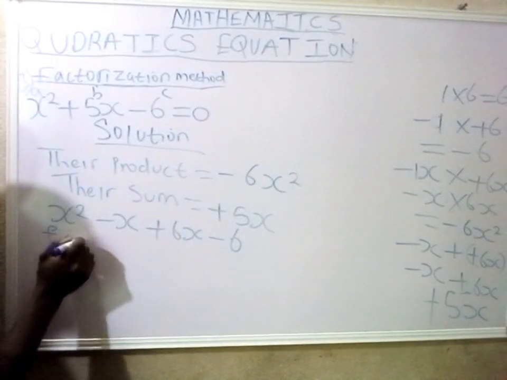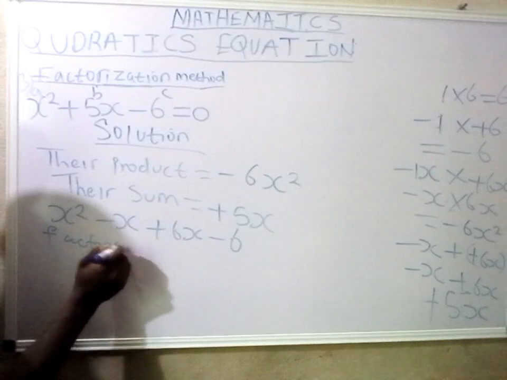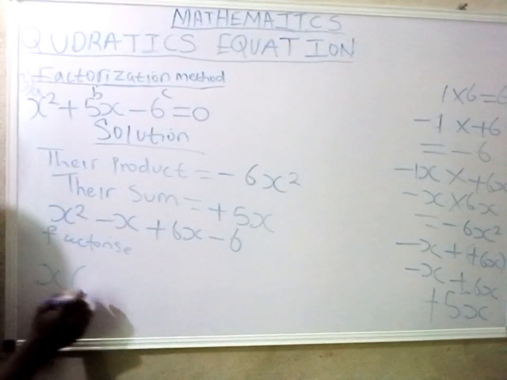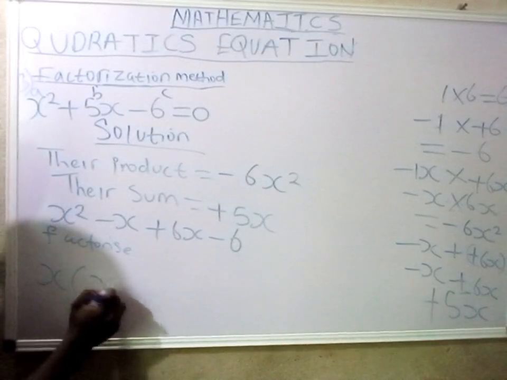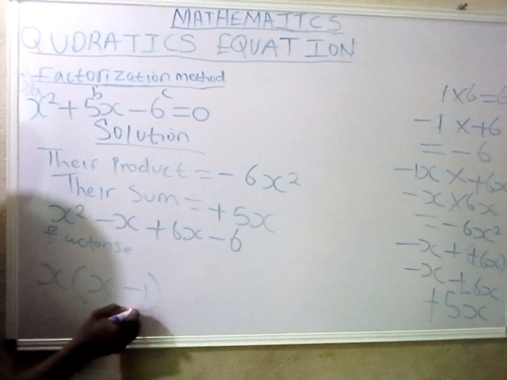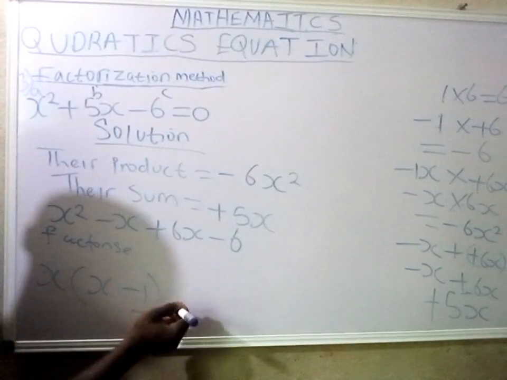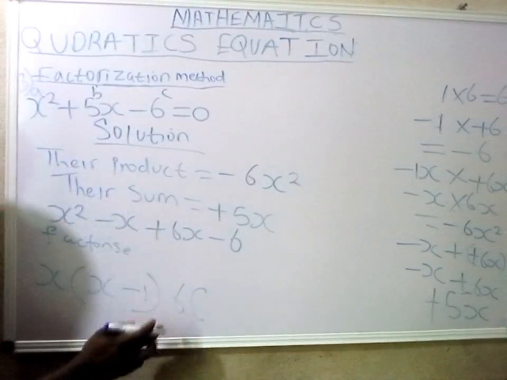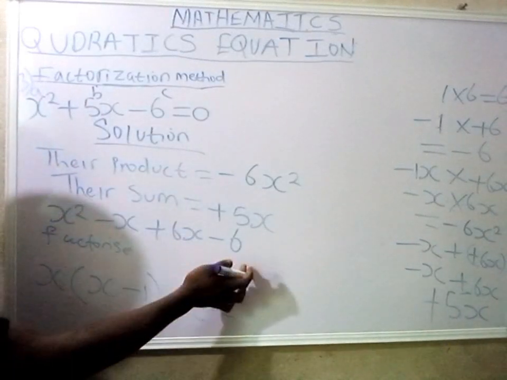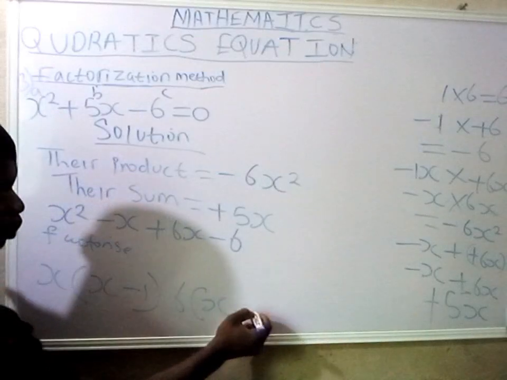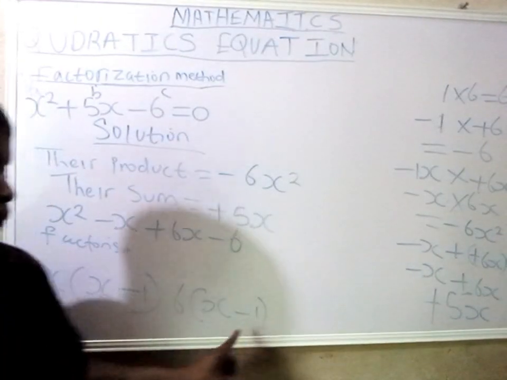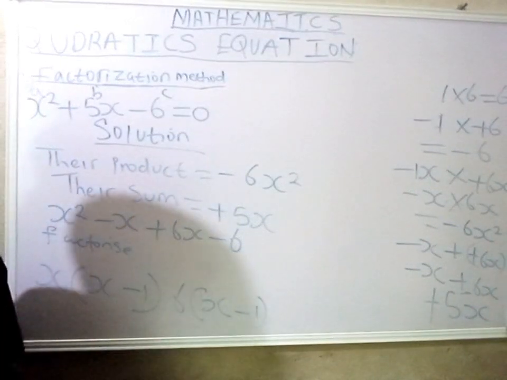What is common? x is common here, so bring x out. x into x squared is x, x into minus x is minus 1. 6 is common here. Bring out your 6. 6 into 6x is x left. 6 into minus 6 is minus 1. And we have the same numbers inside the bracket, so we are correct.